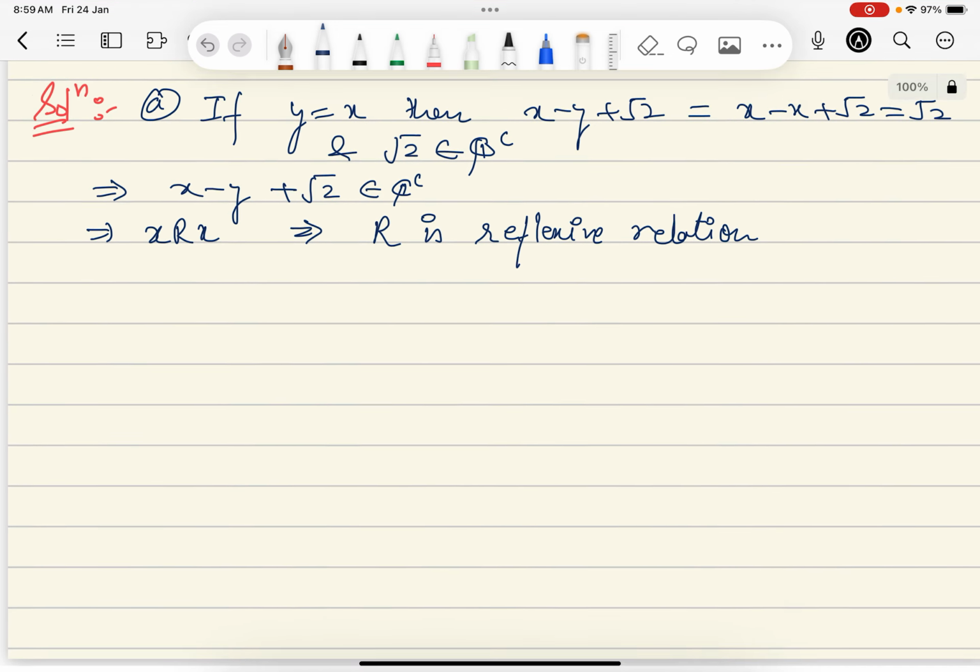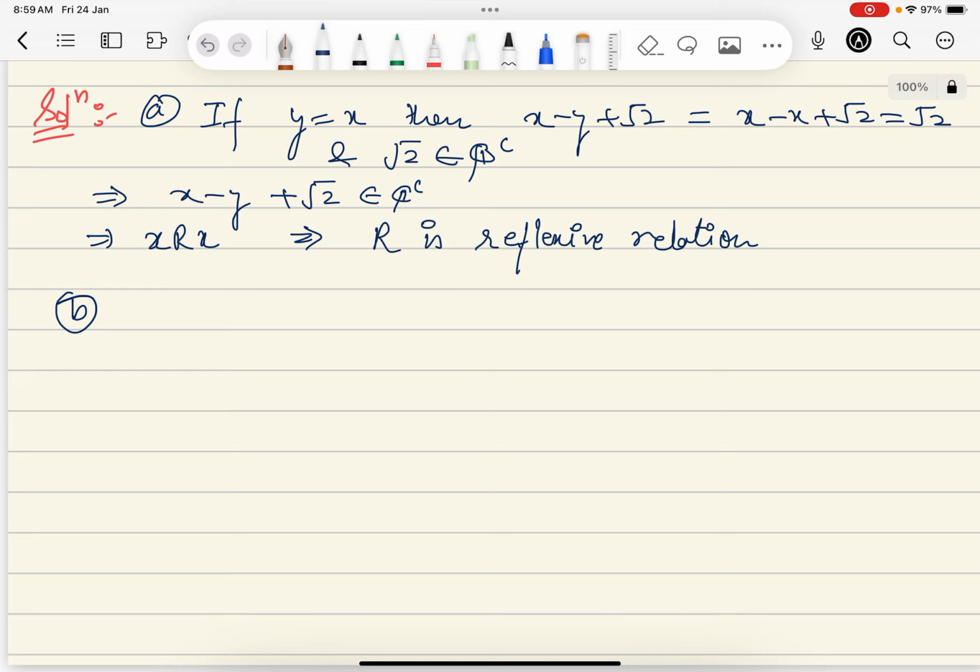The second one, x, let us say 1 plus root 2, and consider y equal 1.